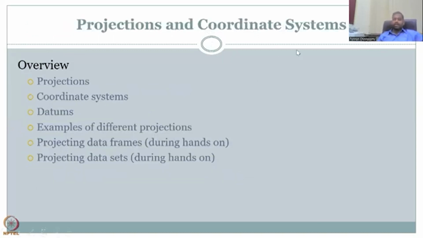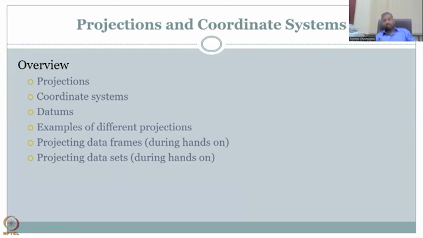We'll be looking at projections and coordinate system. In an overview, we will look at projections, coordinate system, datums, what is a datum and how it's being created in a projection and coordinate system, examples of different projections, and you will also see some data frames and data sets.